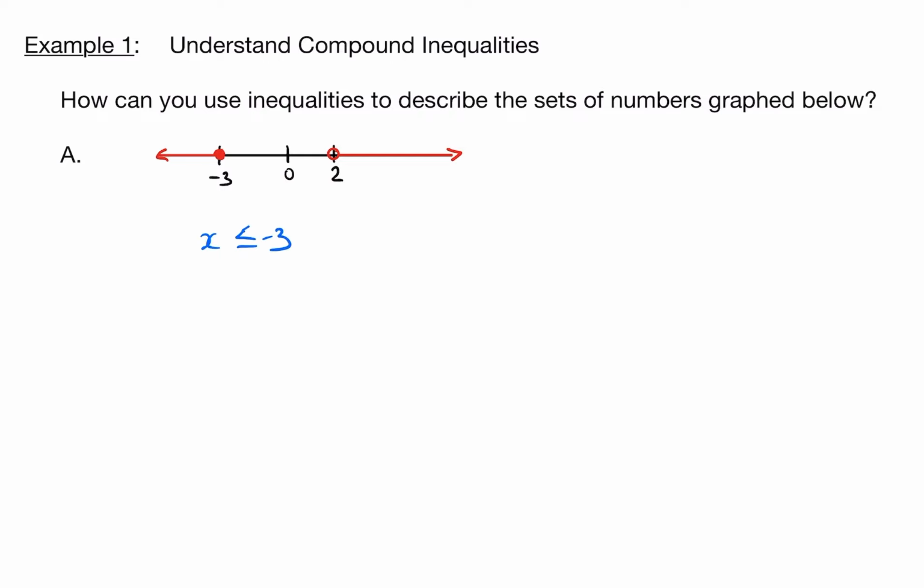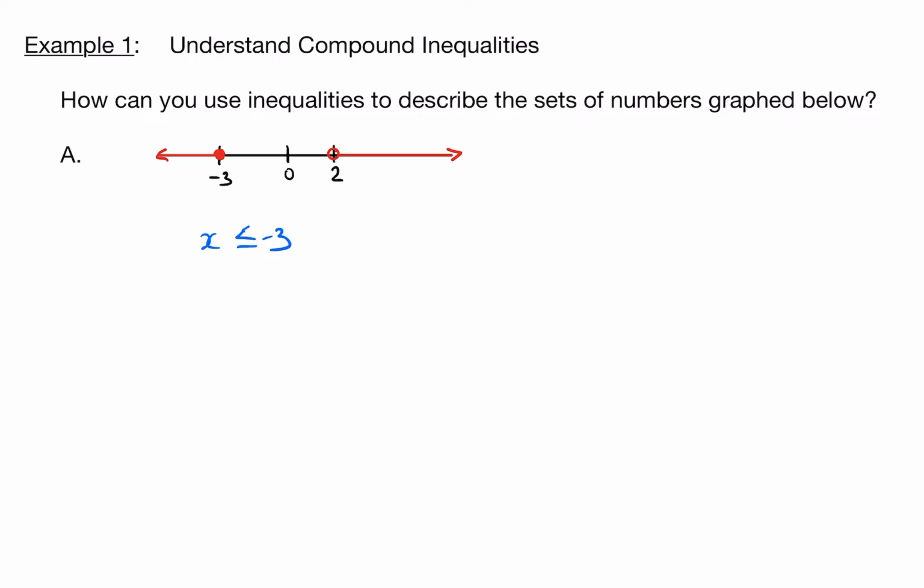Let's pause there for a second. We're talking about less than or equal to because we have a solid circle on -3. What that means is it includes the value of -3 and everything to the left, towards negative infinity. So the way we express that is x is less than or equal to -3.